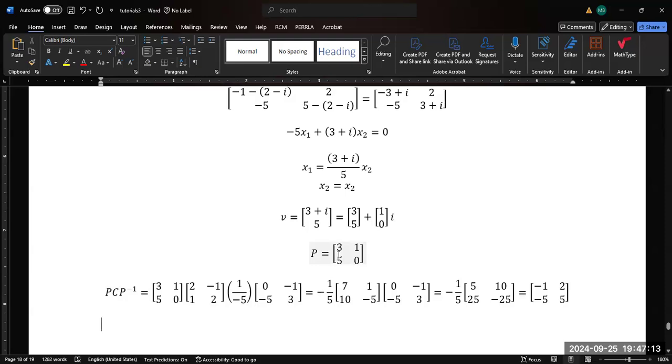So P is our similarity transformation, and C is our complex rotation matrix. So what is the angle of rotation that we got from our C matrix?